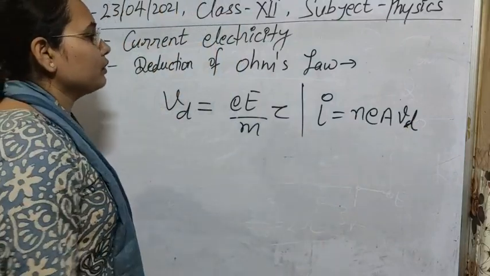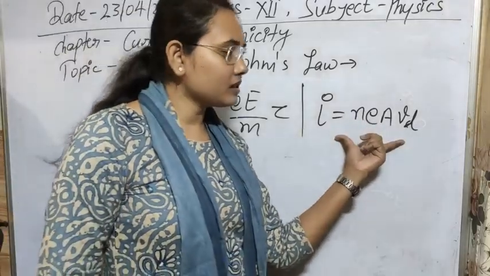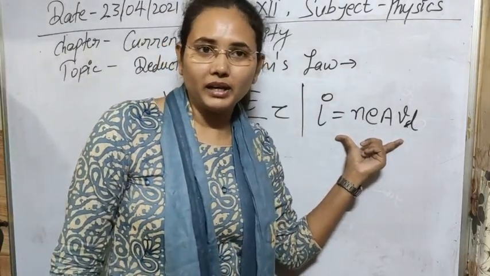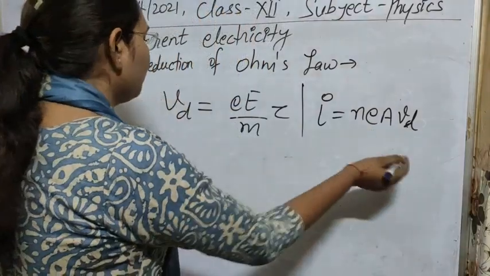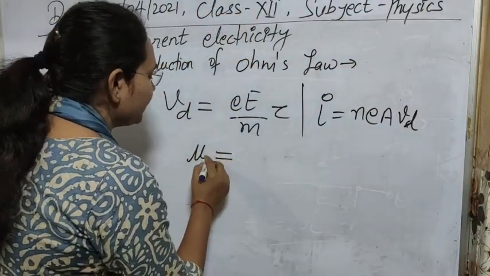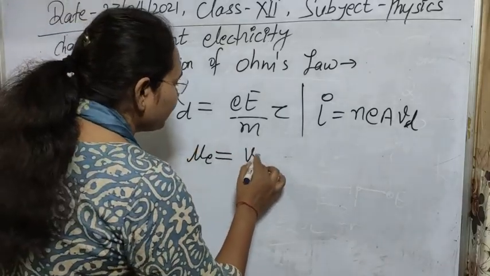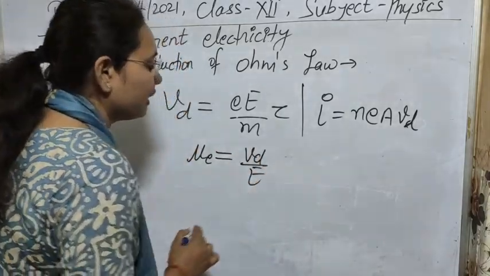Also we know that mobility is given by, so let's see how many forms we can write this concept in. The mobility of any charge, suppose I am talking about an electron, is mu e, which is given by drift velocity per unit electric field.